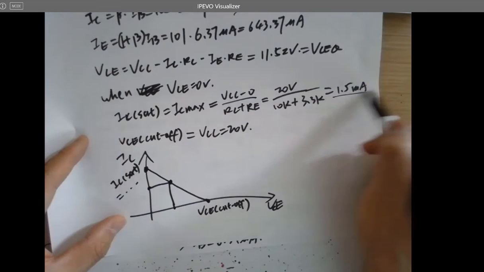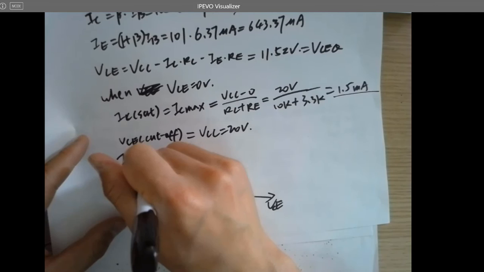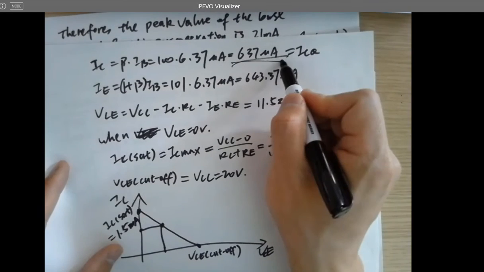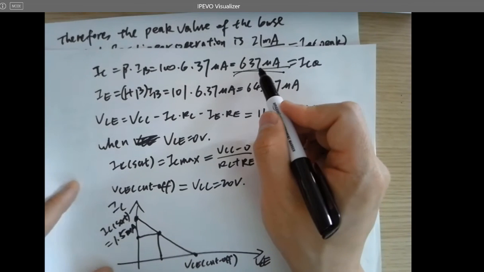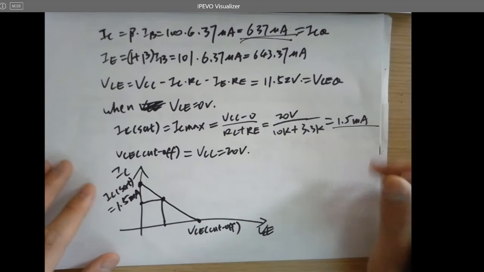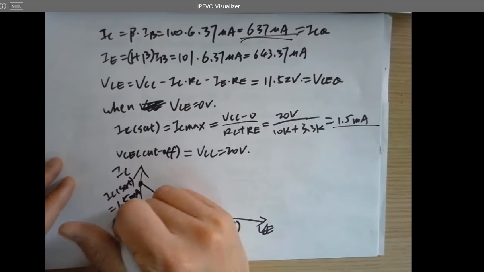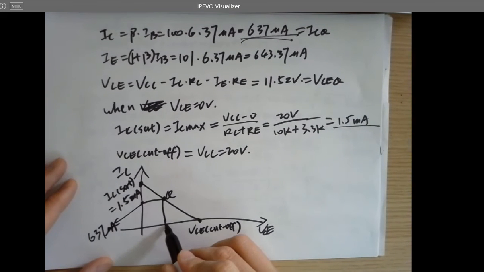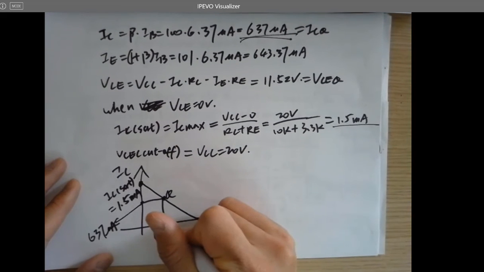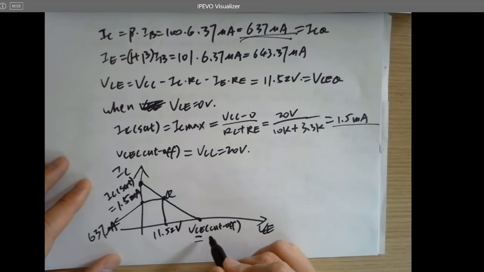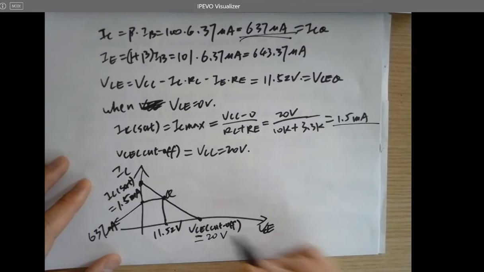If you see that IC set is 1.5 milliamps and ICQ is 637 microamps, right? So that's the Q point, and this guy is 637 microamps, and VCEQ is 11.52 volts, and this VCE cutoff is 20 volts, that's VCC.